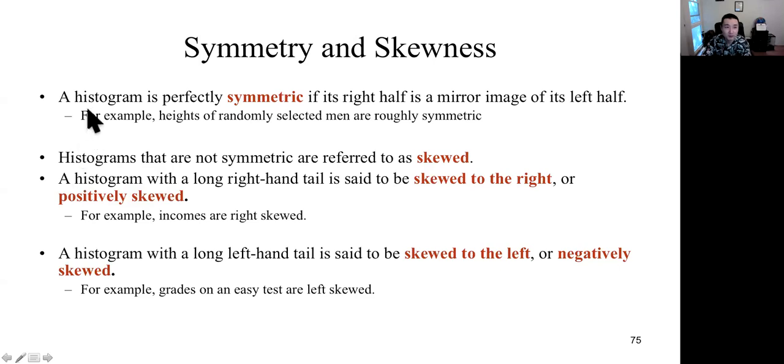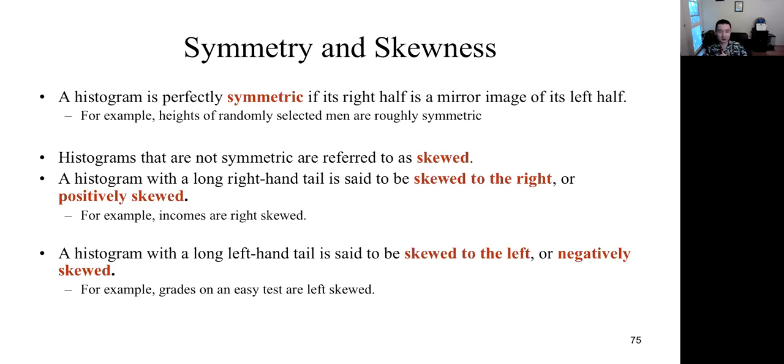A histogram is called perfectly symmetric if the right half is the mirror image of the left half. If that's not the case, we call that skewed. If it has a longer right-hand tail, it is said to be skewed to the right. It's also called positively skewed. Here is an example: income is right skewed.